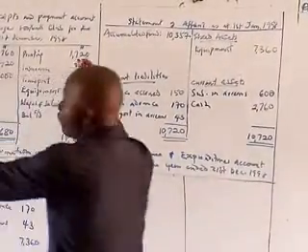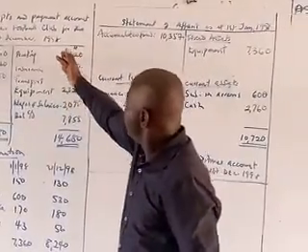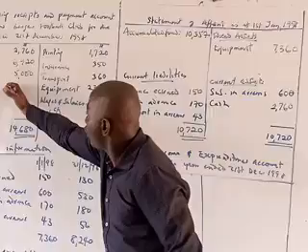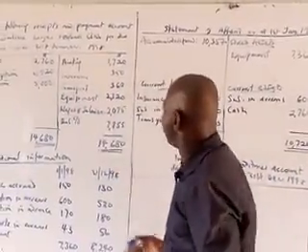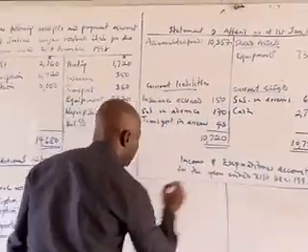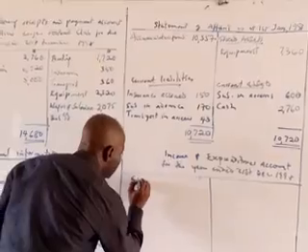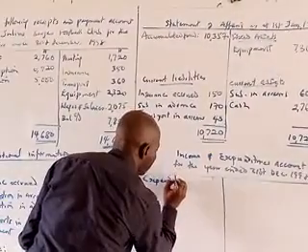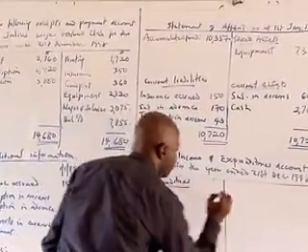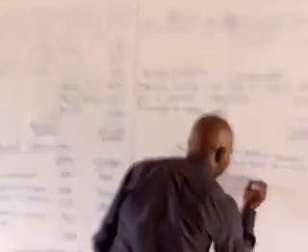And let's look at the question. These are the income from the activities, and these are the expenses from the activities. So we will record expenses here, expenditure, and we record income on this side.